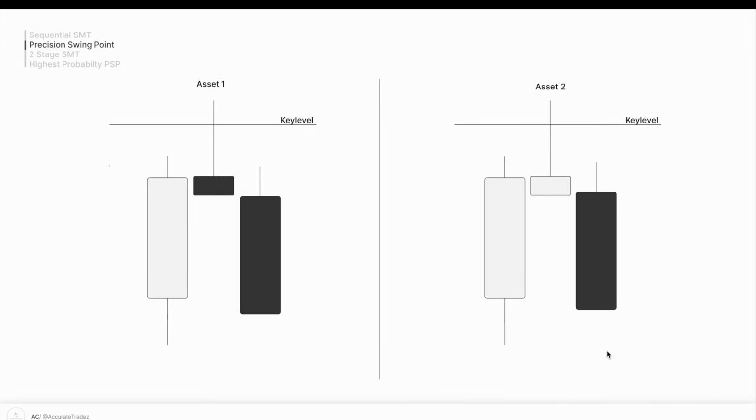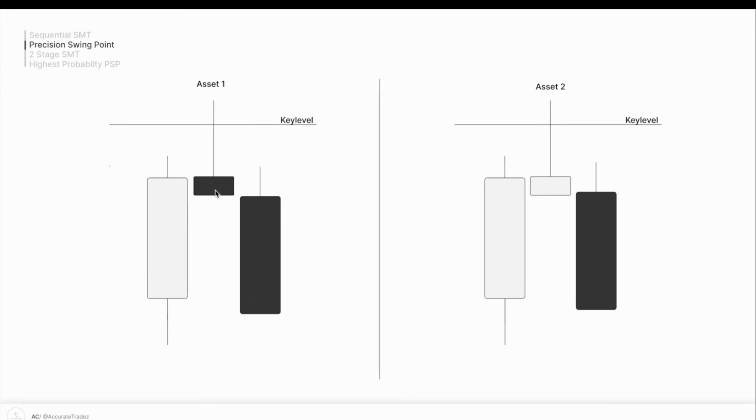Now, precision swing points. Precision swing points are when the market engages some kind of key level, right? And you have correlated assets making 2 different closes on a swing point, right? So you see this candle 2 right here, making the high of this swing formation.